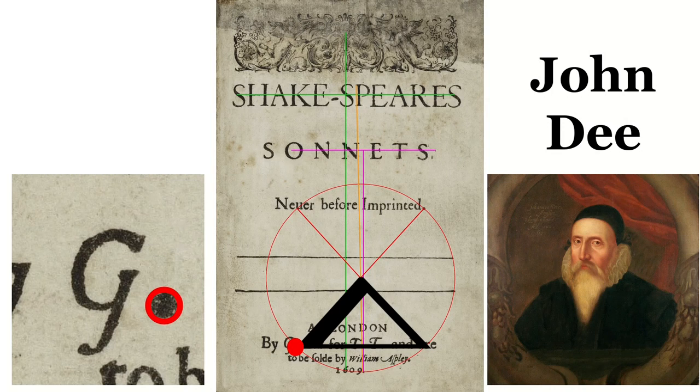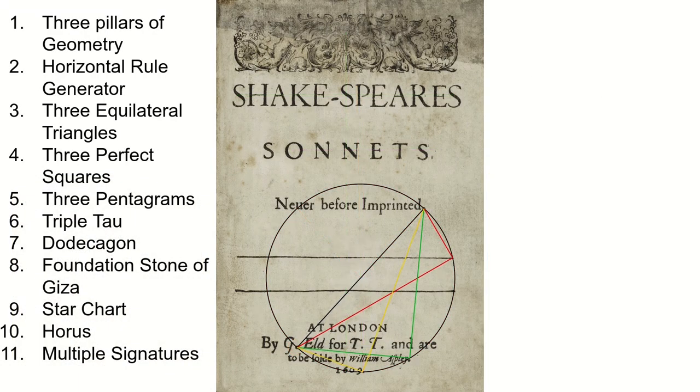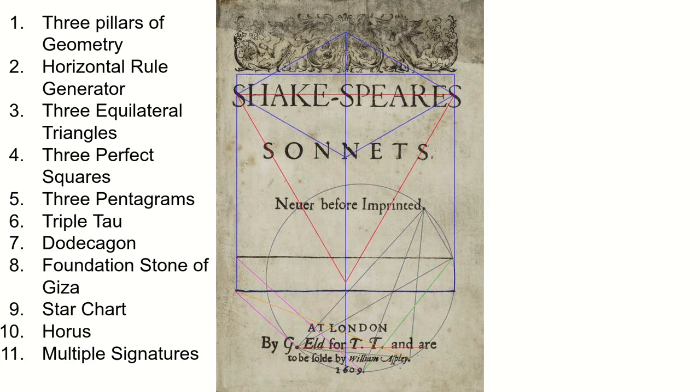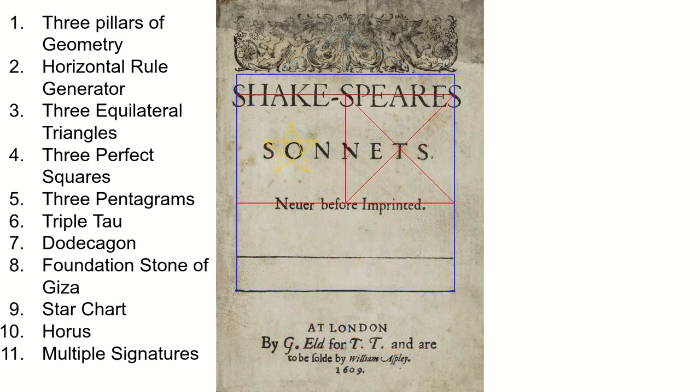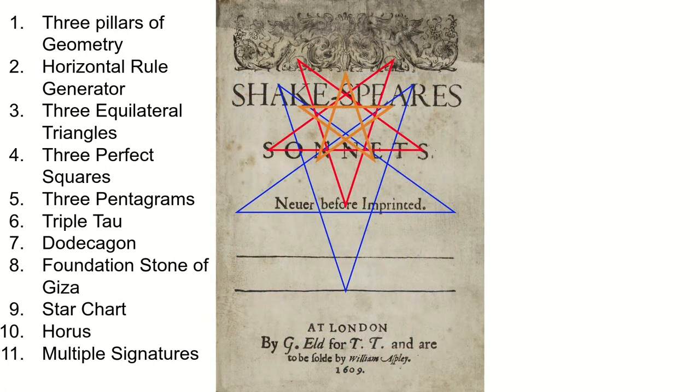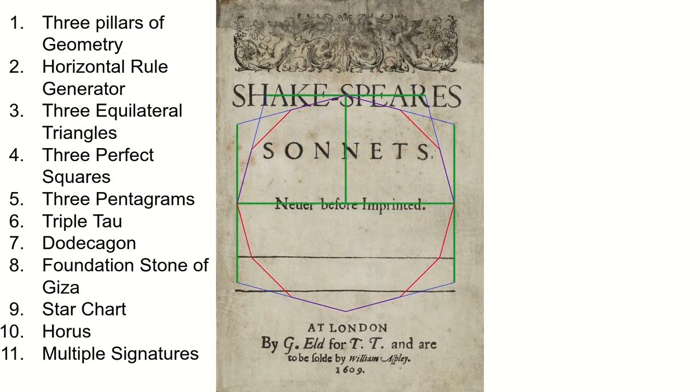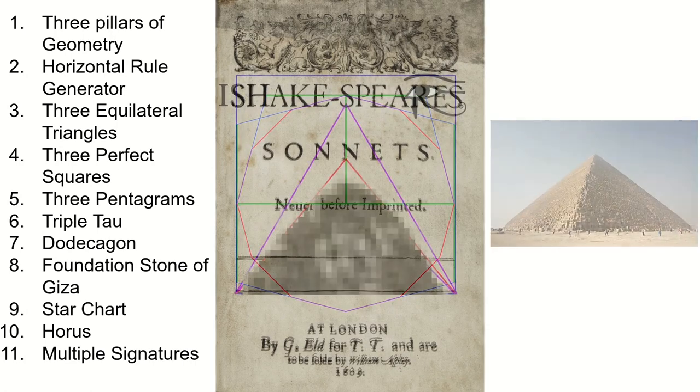It's been signed multiple times, signed several times on the other page, and I wouldn't be surprised if we find some more on here. So let's just run through all that. The three pillars of geometry, horizontal rule generator, three equilateral triangles, three perfect squares, three pentagrams, a dodecagon inside a triple tau with Horus.